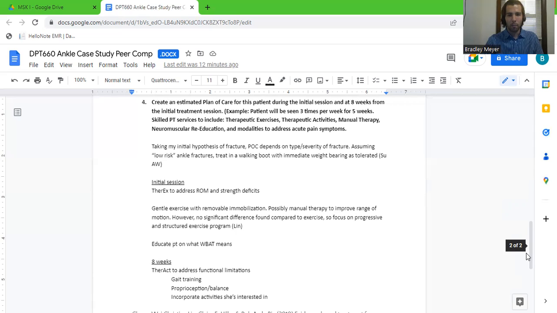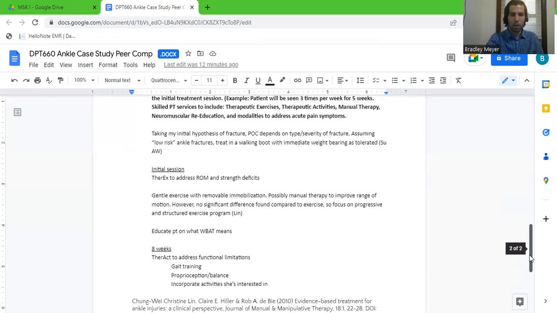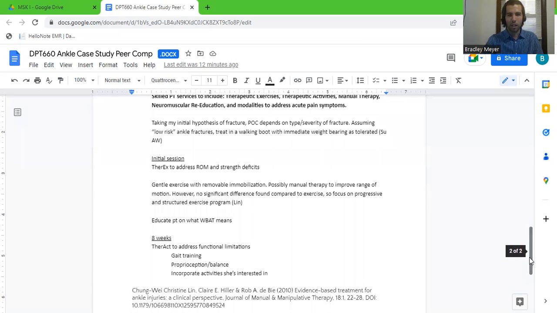But I don't know if she would be seeing physical therapy right away, but whenever she does come to physical therapy, then I would address any strength or range of motion deficits with gentle exercise, which is what this article by Lynn recommended.